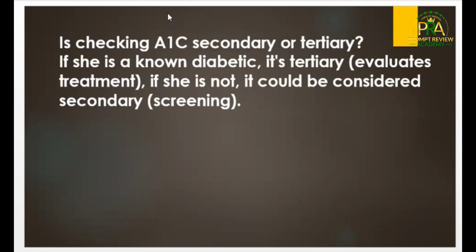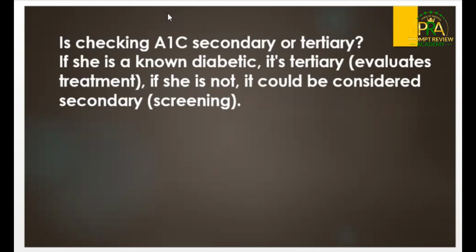Then the tertiary can be in different ways. They are taking those antiviral medications to improve the quality of life. You can also recommend them to go to an HIV support group. So just remember, it can be primary, it can be secondary, it can be tertiary. The same thing with aspirin.